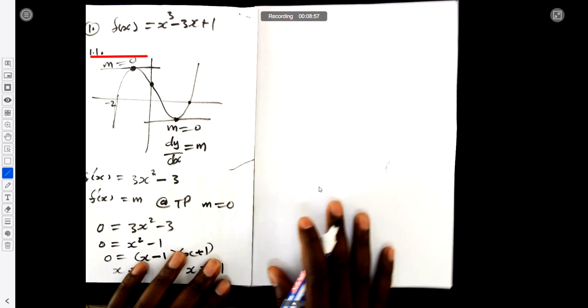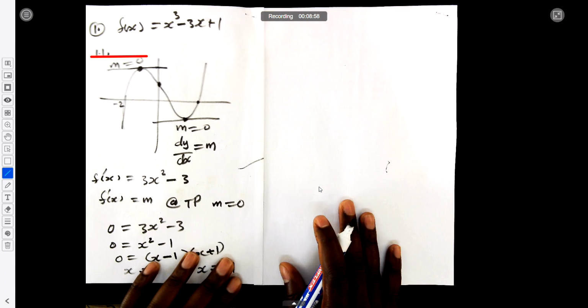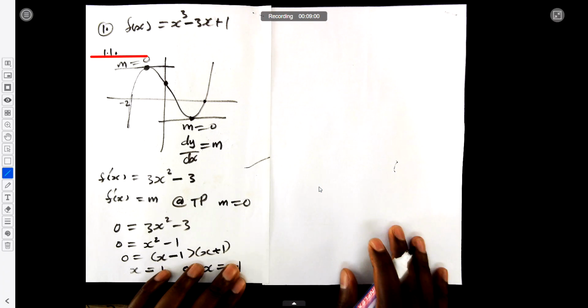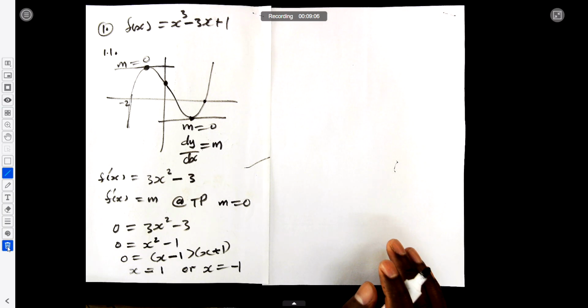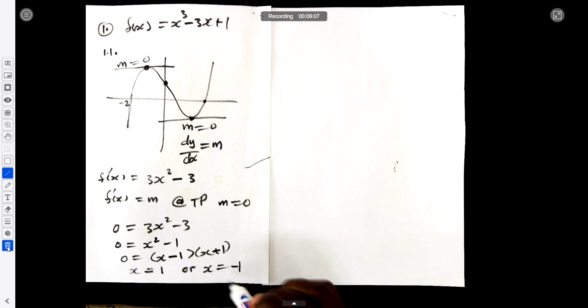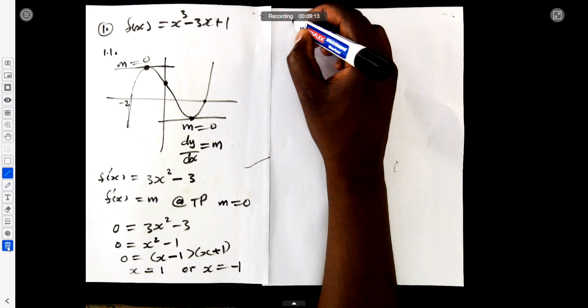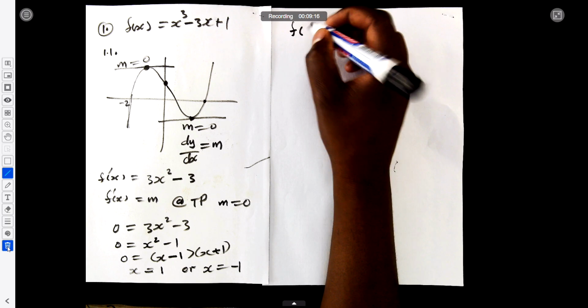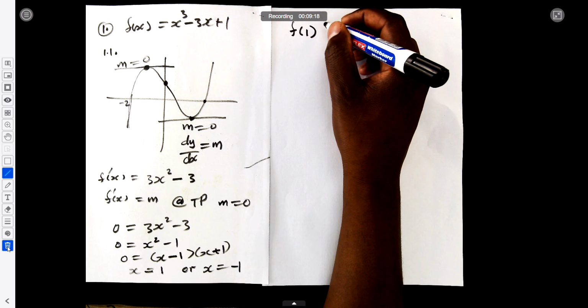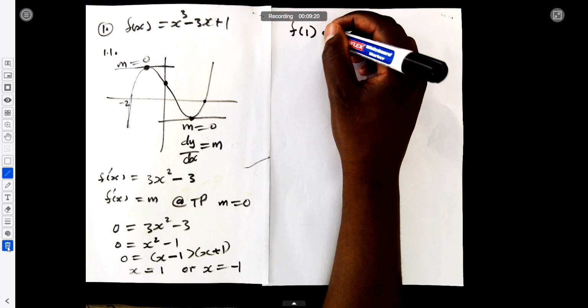So when we, like I said, we must calculate the values of the turning point, determine the turning points of f of x. So here we just calculated the critical values, or the x ordinates. We need to calculate the y ordinates. So we know that into the original equation, we're going to substitute. So you can say f of 1, plus or minus 1.